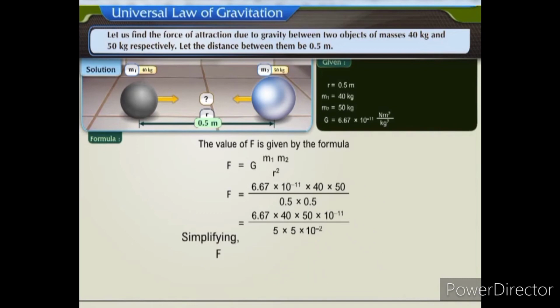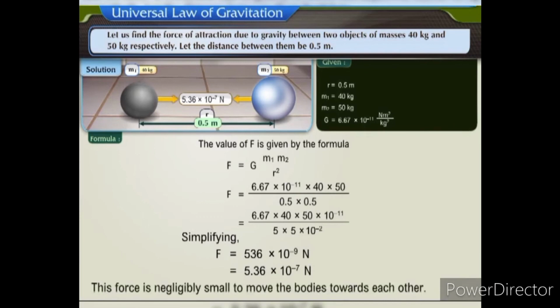Simplifying, F is equal to 536 into 10 raised to minus 9 Newton, which is equal to 5.36 into 10 raised to minus 7 Newton.